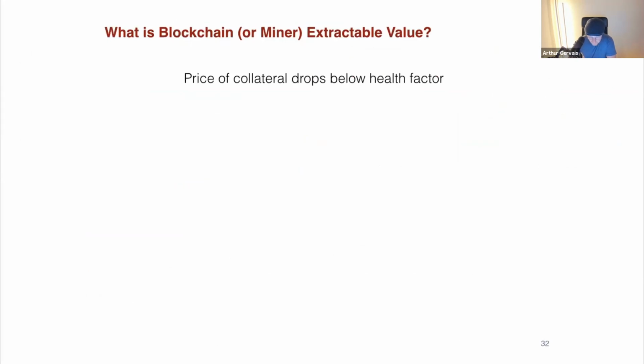To explain blockchain extractable value, I would just give a concrete example. There are many other examples, but just for the sake of simplicity, I'll focus on the slides here on liquidations. So if the price of a collateral drops below a health factor, then you trigger liquidation. And then the question is, who will liquidate? Do you have any idea who might possibly liquidate?